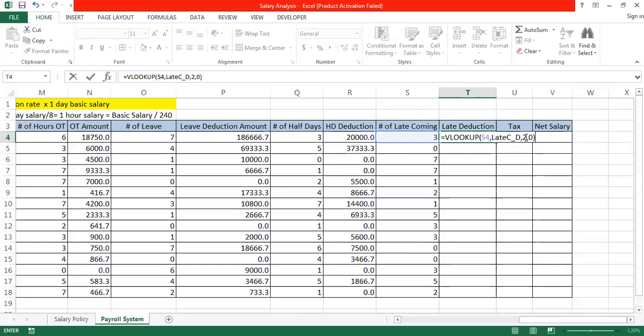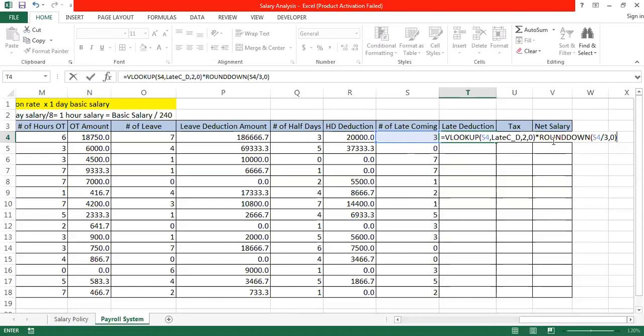So here you can see I have my late coming rate, multiplied by the number of late comings. So number of late comings I have over here, and I want to round down these late comings. So first I'm going to use round down, number of late comings divided by 3, and I want to eliminate the decimal places. So 0 decimal places, round down to 0 decimal places.